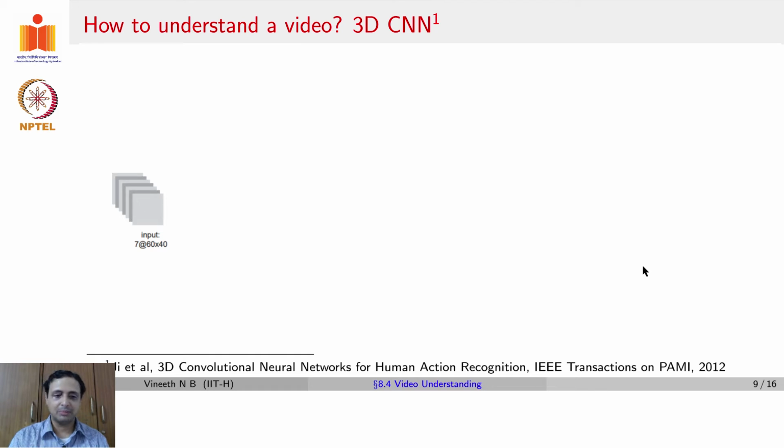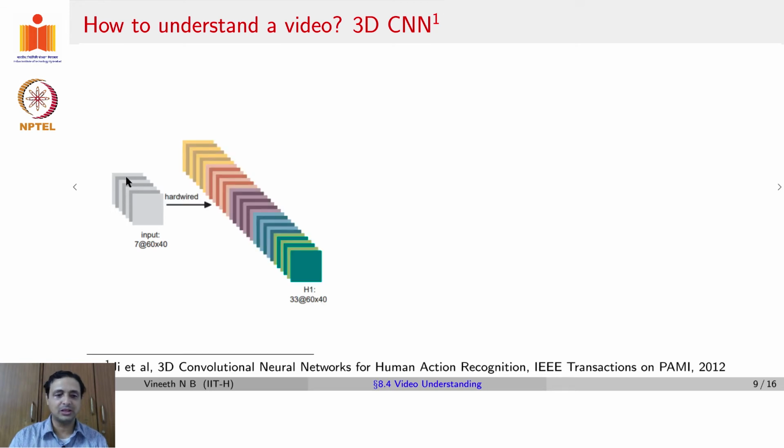In this particular example, 3D convolutional neural networks were used for human action recognition to look at a video and predict the action. So the input was a set of 7 frames whose resolution was 60 cross 40. It was just grayscale frames. Those were the 7 frames that were considered.